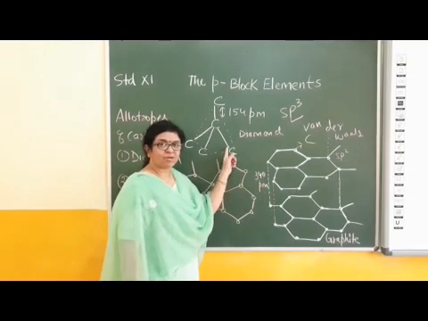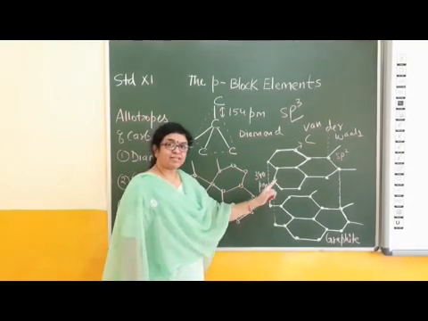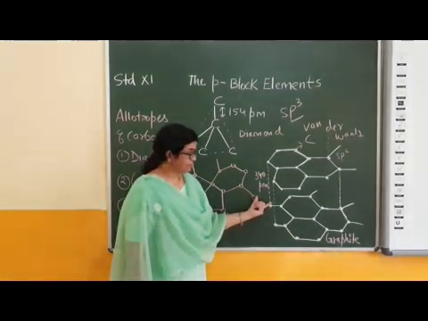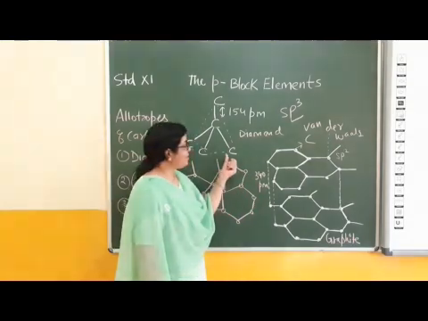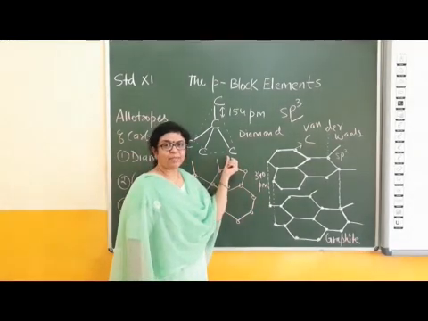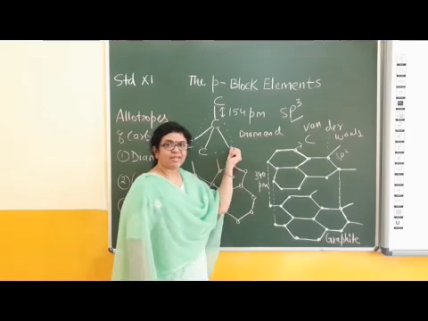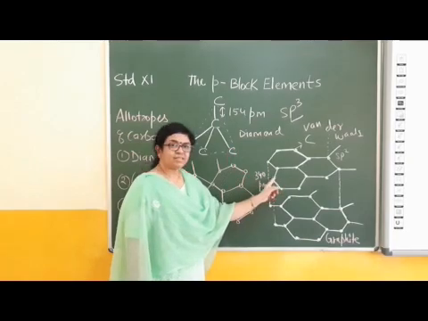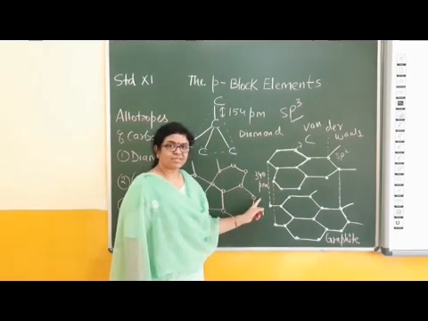Diamond is a poor conductor of heat and electricity, graphite is a good conductor due to free electrons. In diamond, only one type of chemical bond is present, purely covalent. In graphite, two types: covalent and van der Waals force.